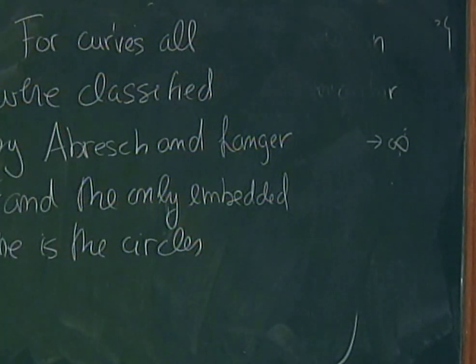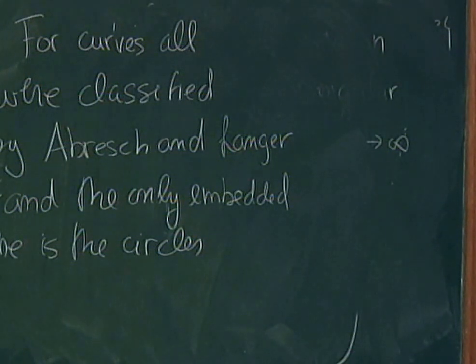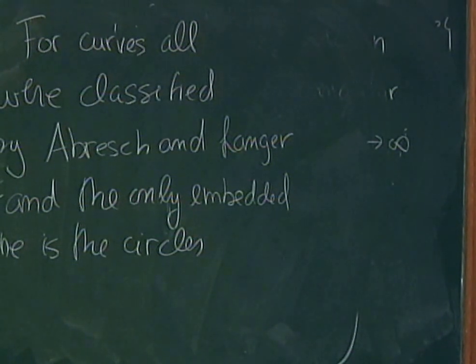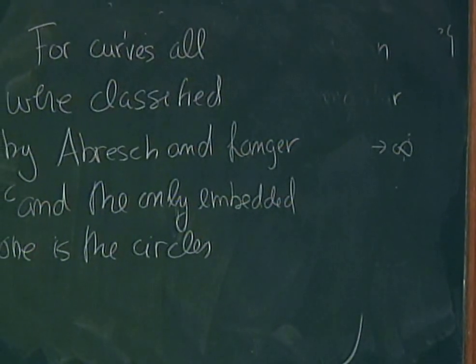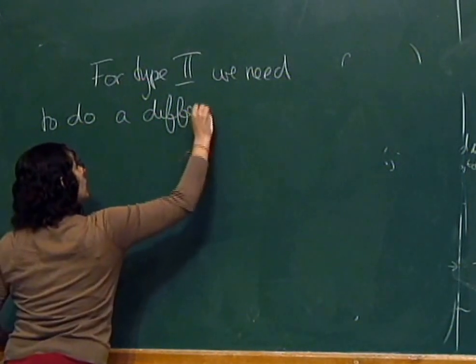And there's an idea by Hamilton that he used for the Ricci flow on how to try to do a similar procedure but with a different rescaling for singularities type 2. We need to do a different rescaling.